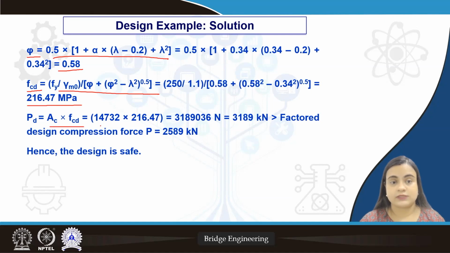AC we know is obtained from the two types of sections, that is 14732 millimeter square. FCD we have just now computed to be 216.47 MPa. So from there, PD turns out to be 3189 kilonewton, which is greater than the factored design compression force equal to 2589 kilonewton. So we can say that the design is safe for this member.